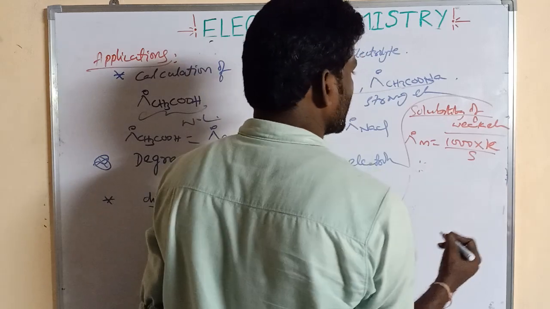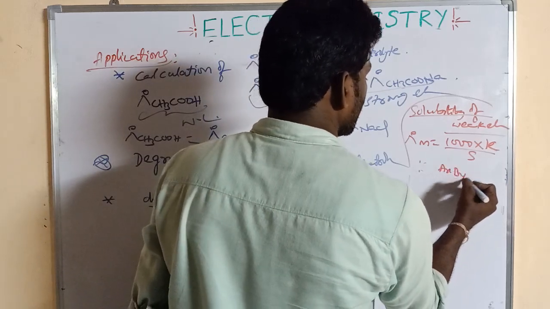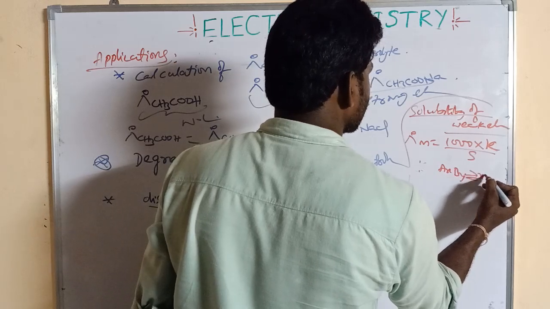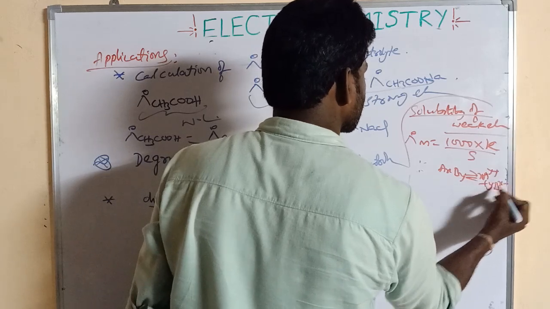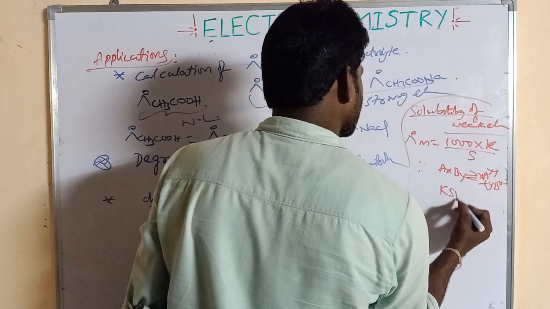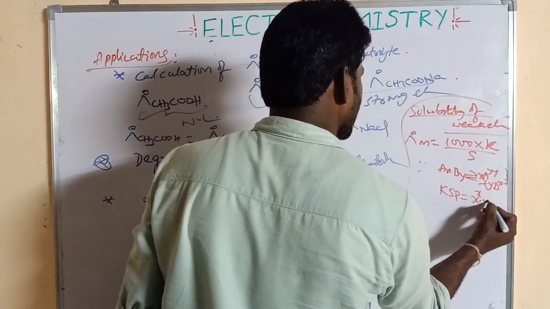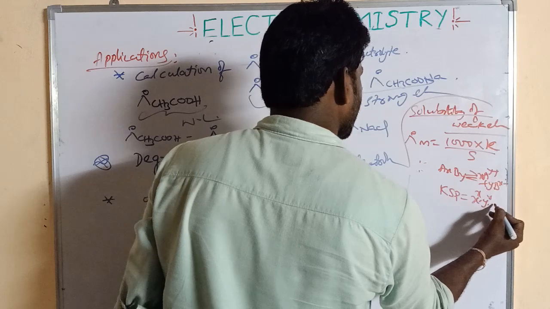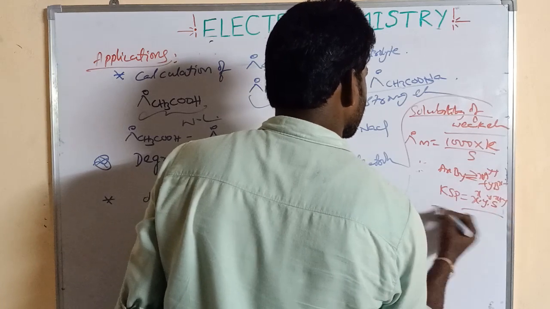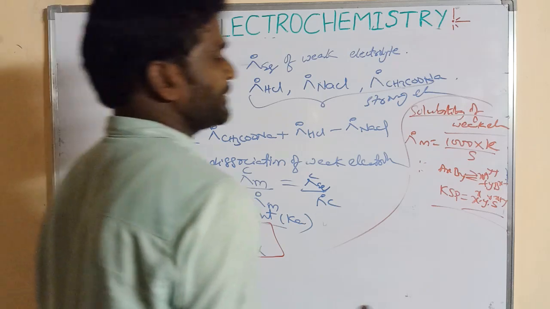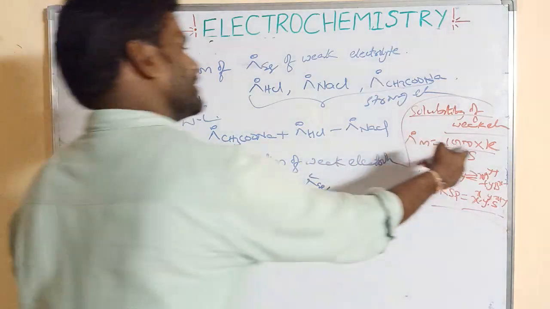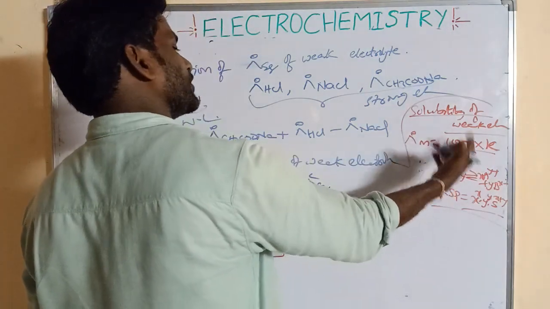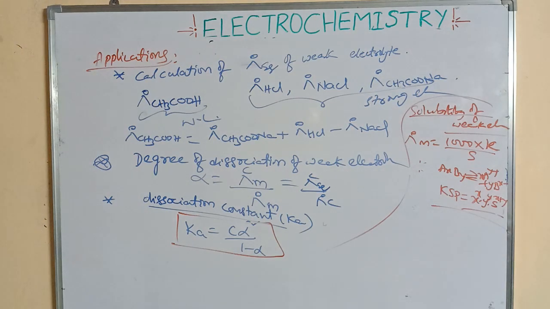If an A_xB_y electrolyte is taken, it dissociates into x A^(y+) and y B^(x-). So what is the solubility product? The solubility product is equal to x^x into y^y into S^(x+y). So this is the formula. By using limiting molar conductivity we can calculate solubility. So these are the applications of Kohlrausch law.